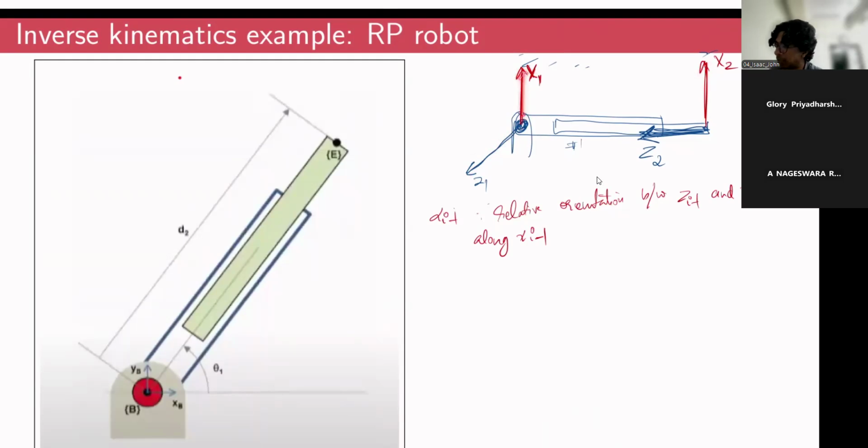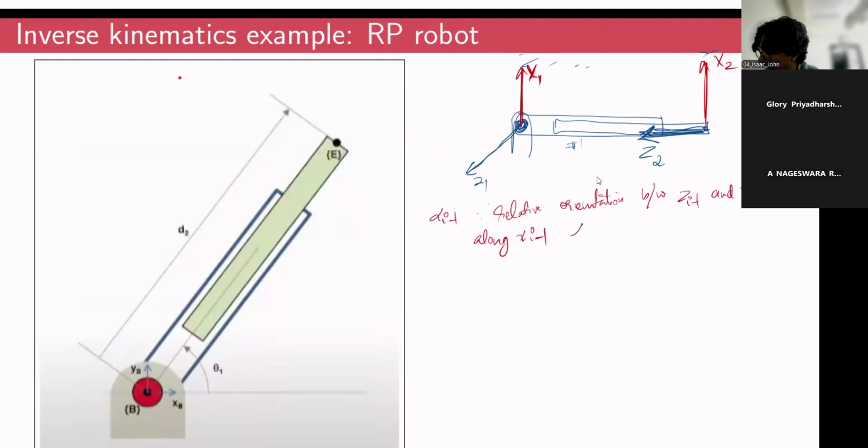X1 is vertically up. If I rotate minus 90 degrees about X1, Z1 will be in this direction, and Z1 and Z2 will be aligned. I hope it's still clear.